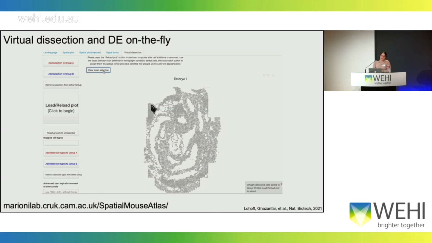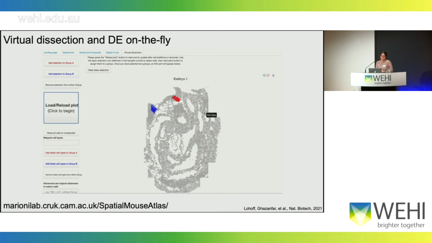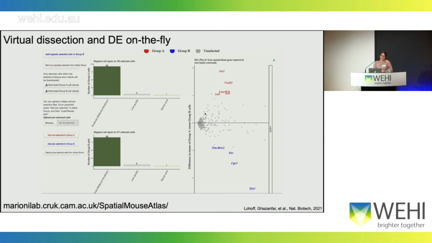Here I've selected two regions corresponding to groups A and B, using just a lasso tool, and from that I can see the makeup of the cell types, as well as what differences in gene expression we see across these regions. That's been quite helpful, and I think it is a useful way of very quickly checking things.